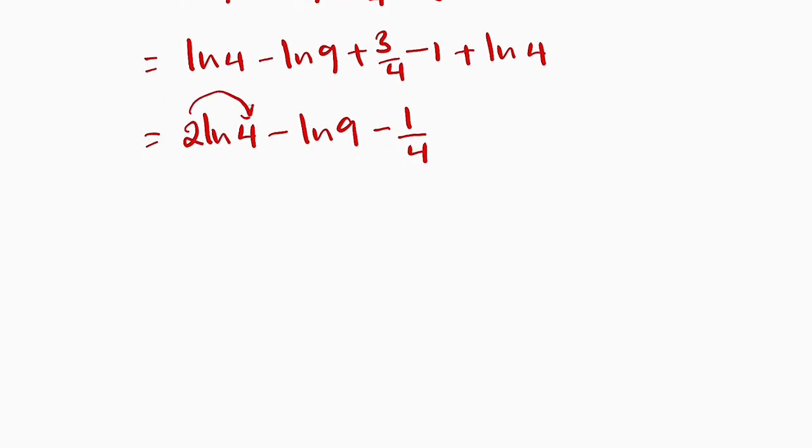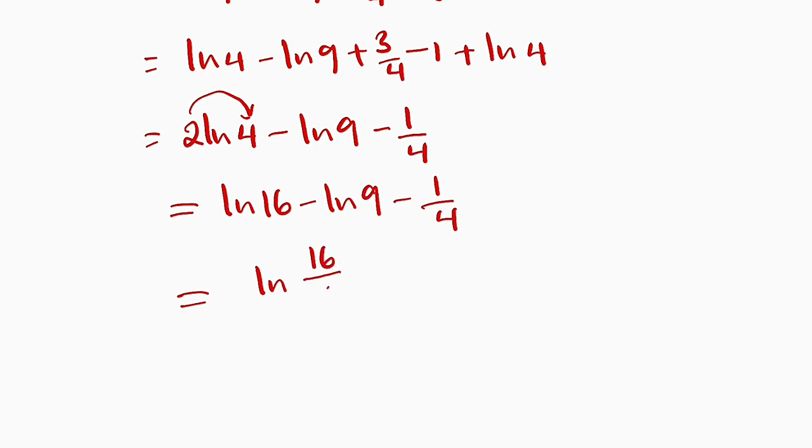This will be a power, so 4 to the power of 2 is 16. So we have natural log of 16 minus natural log of 9 minus 1 over 4. And the last step, since we're subtracting, we can divide the arguments according to one of the laws of logarithm. So this is natural log of 16 divided by 9, minus 1 divided by 4.